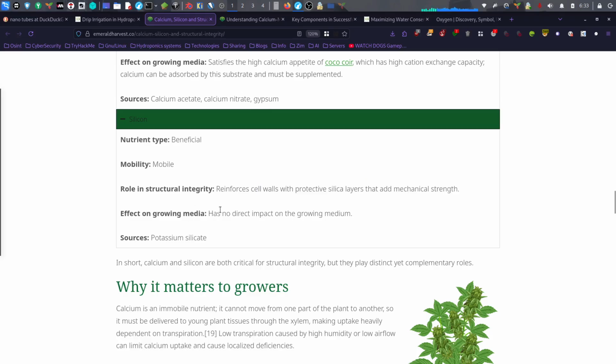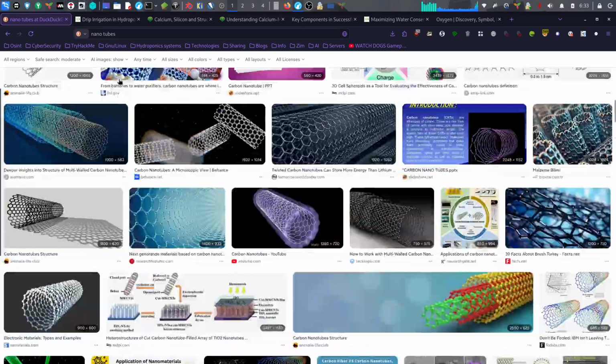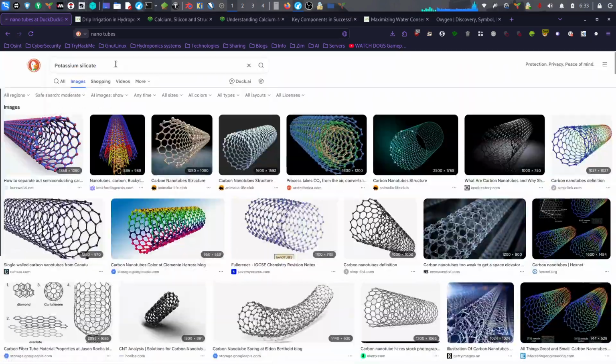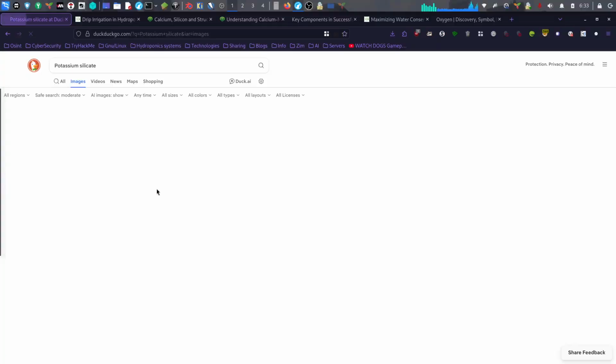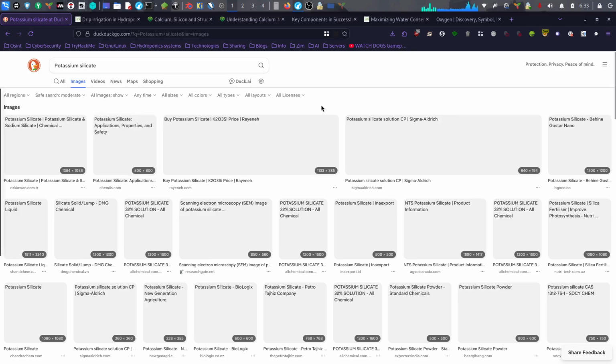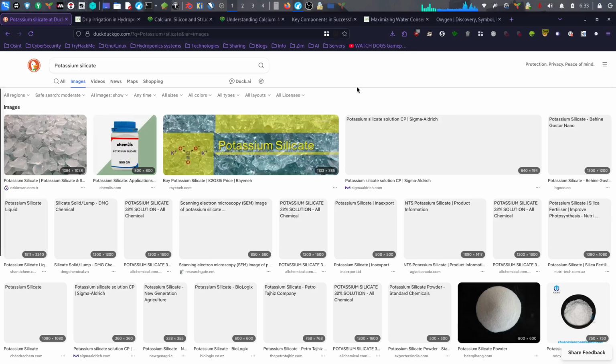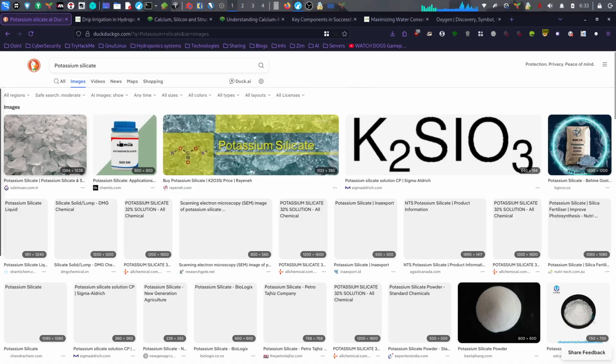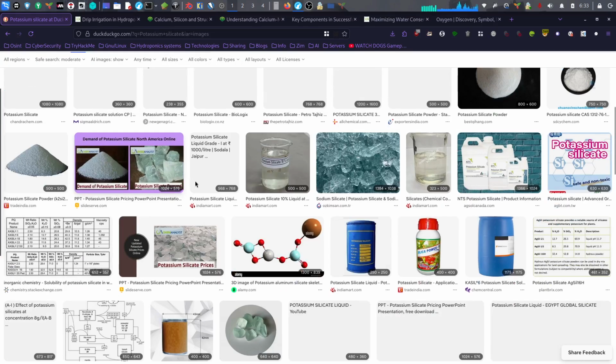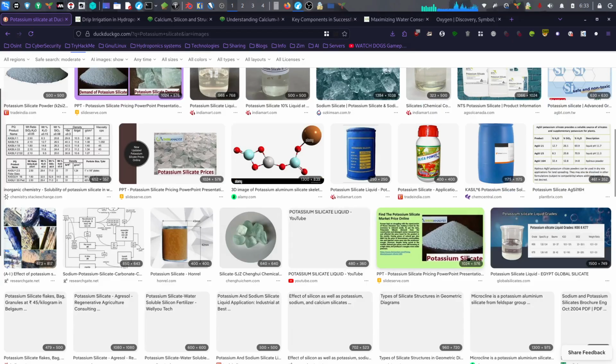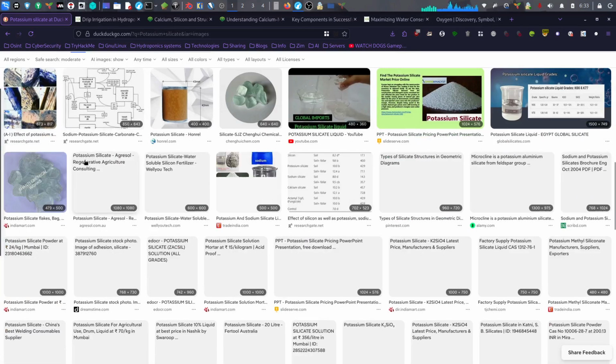Effect on growing media: has no direct impact on the growing medium. Sources: potassium silicate. We can Google. I need images. What is it like? Yes, crystals. How can these crystals be obtained?